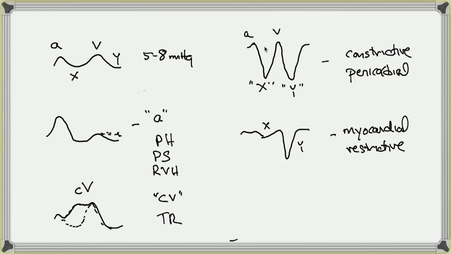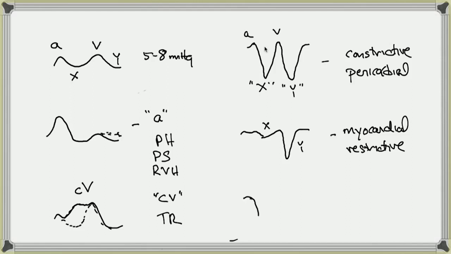Basically your X descent is very blunted there because your atrium is probably not contracting well, and probably the annulus descent is very poor. So it correlates with a low E prime on your DTI and a low systolic wave on your DTI, which means the annulus descent is poor. So the difference between myocardial restrictive disease and constrictive pericarditis is the loss of the rapid X descent in myocardial restrictive disease.